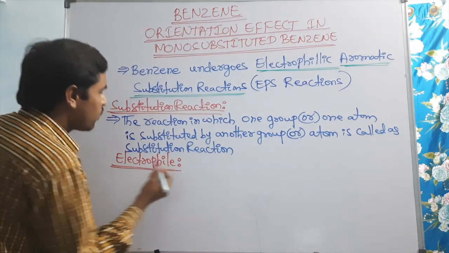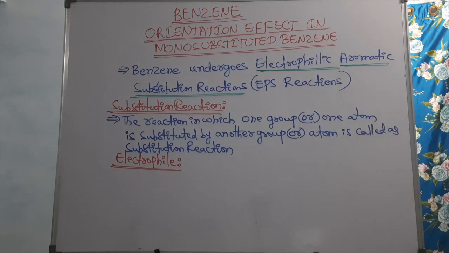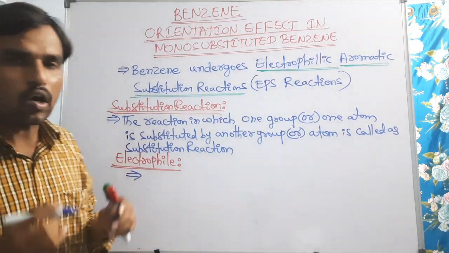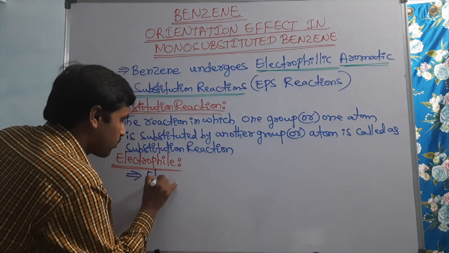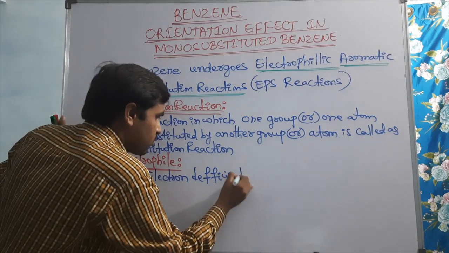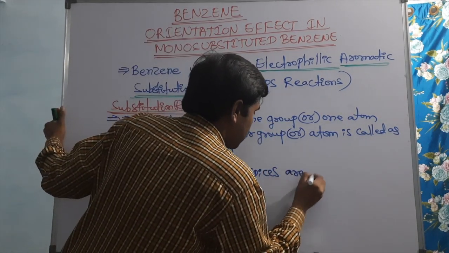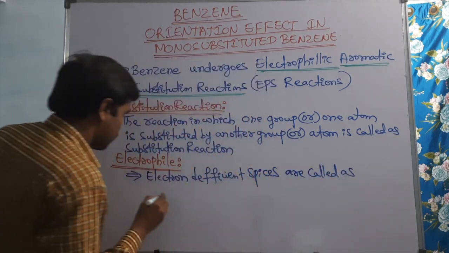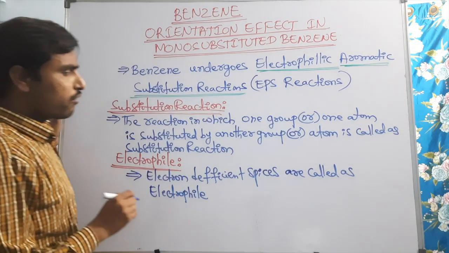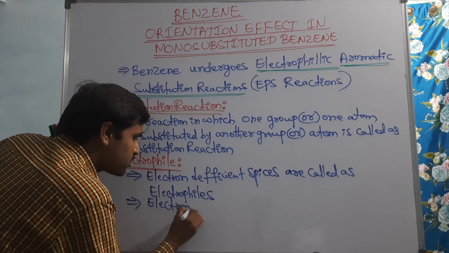Normally, electron deficient species are called electrophiles, electron loving species.